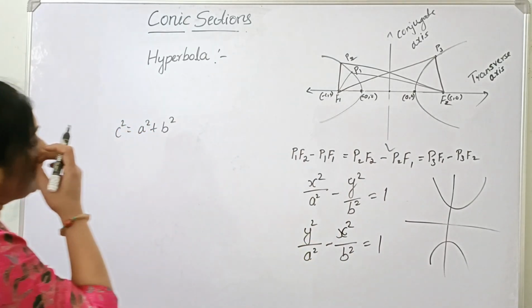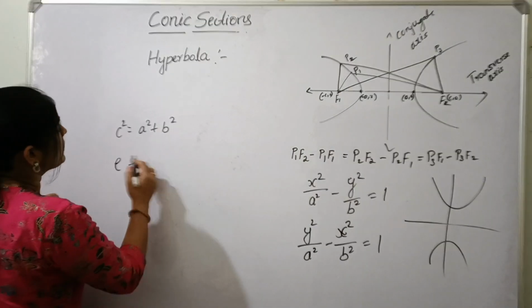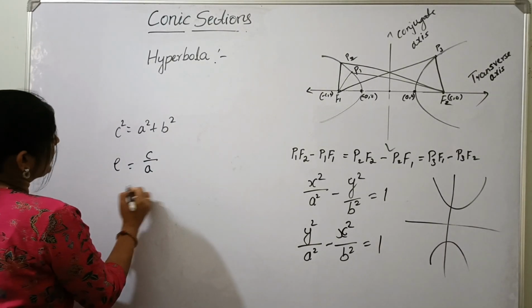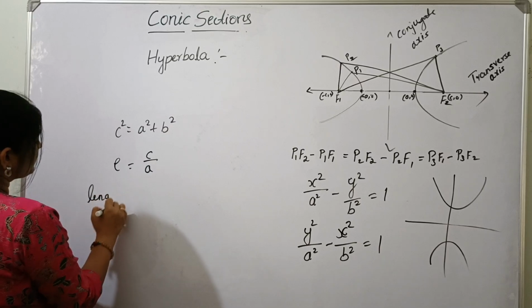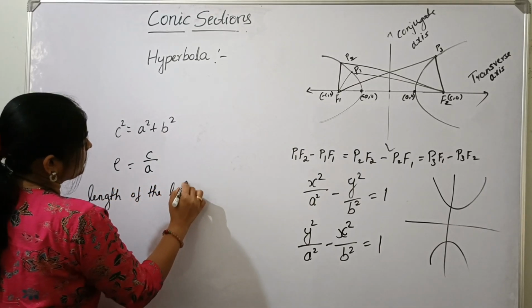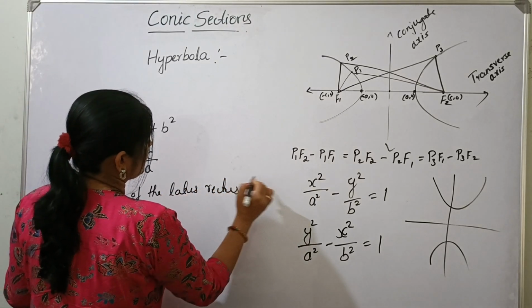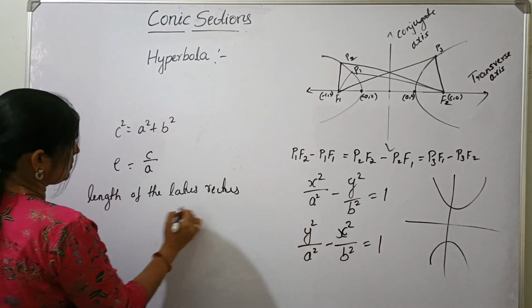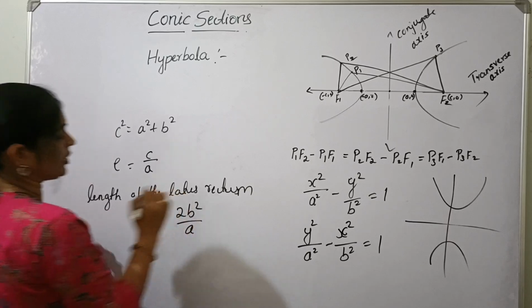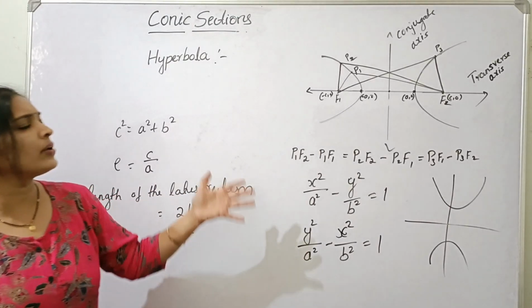Here also the eccentricity e is the same as the ellipse, that is c by a, and the length of the latus rectum is 2b squared divided by a, the same as the ellipse.